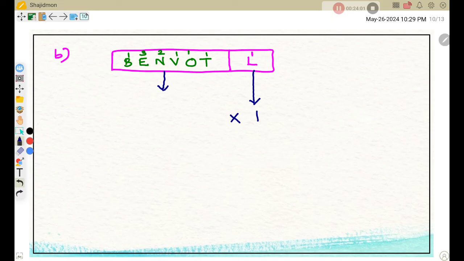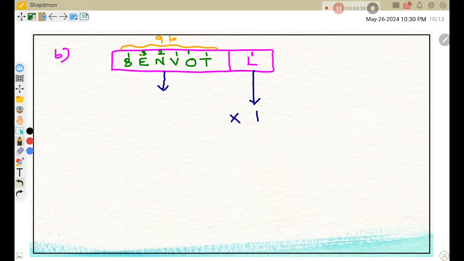These letters, you can write T first, or V, N, E, B first, like that you can shuffle. How many arrangements can we create in the first part? So you can count that. For example, how many letters are there here? See, 1, 3, 2, 1, 1, 1. So how many are there? 3 plus 2, 5, 6, 7, 8, 9 letters are here, correct?